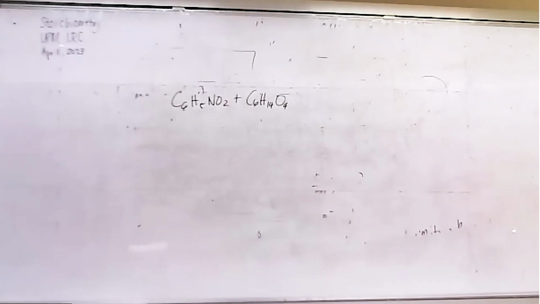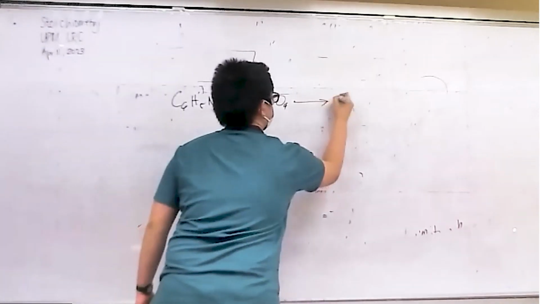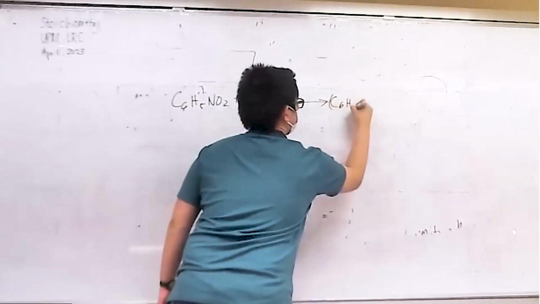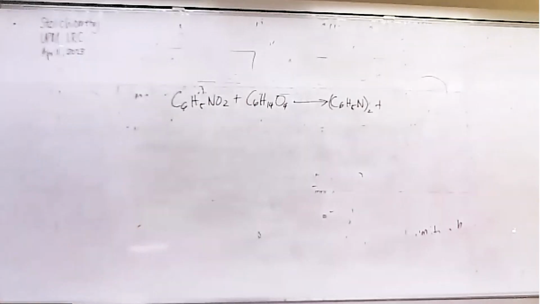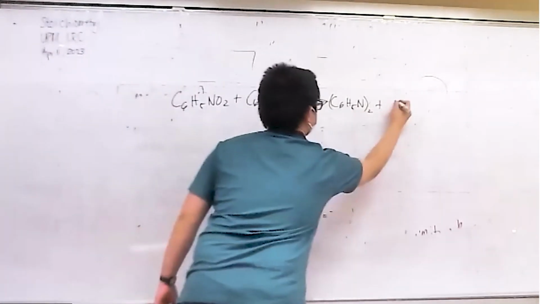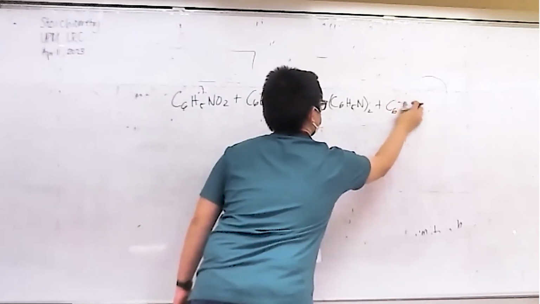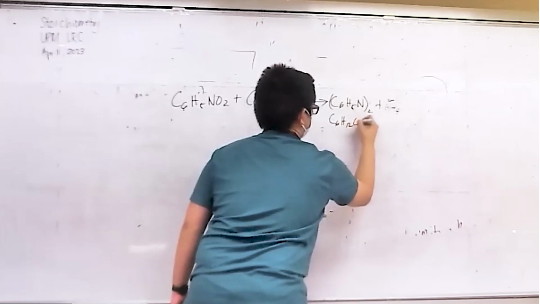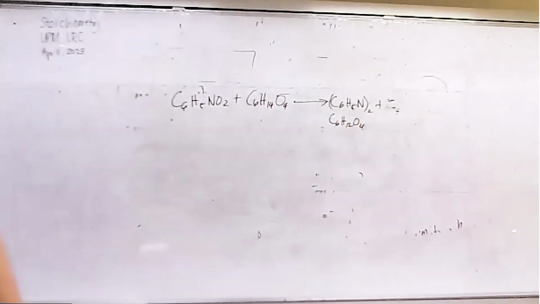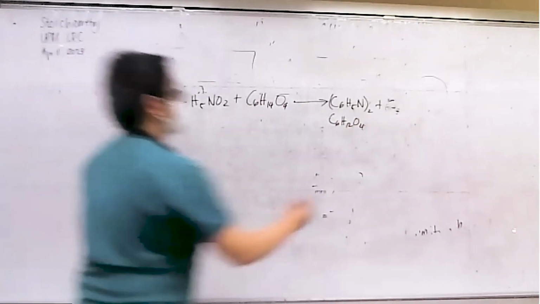Yields azobenzene, C12H10N2, plus C6H12O4 plus water.